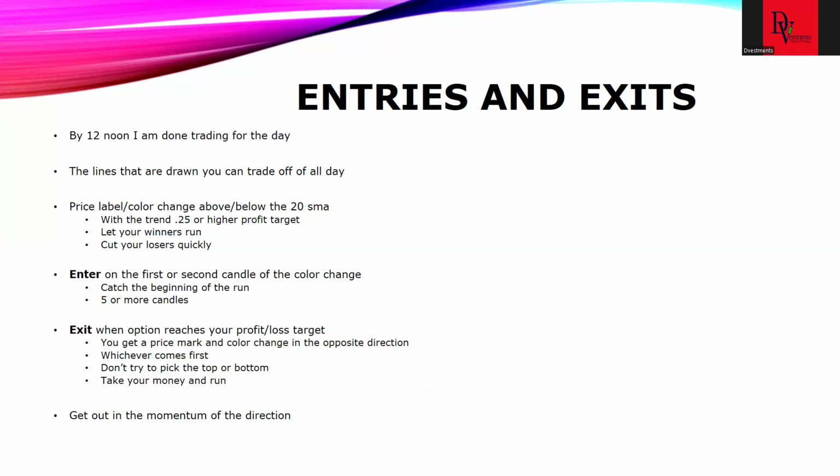You're going to catch the beginning of the run, and that run should last for about 5 or more candles. After about that fifth candle, you should be out. You should have reached your profit target, and you should be out. If it's a runner, it may go 6, 7, 8, 10 candles.